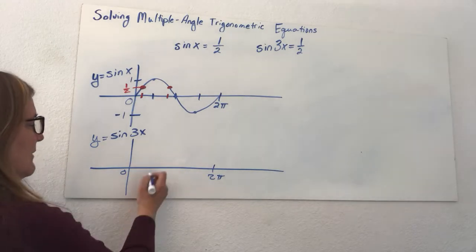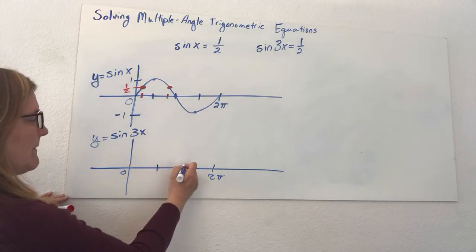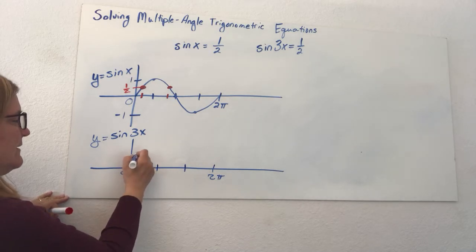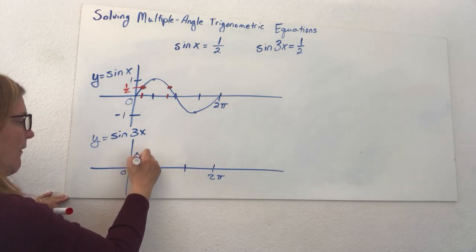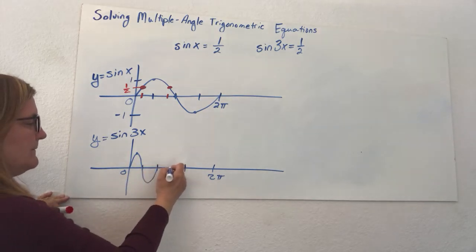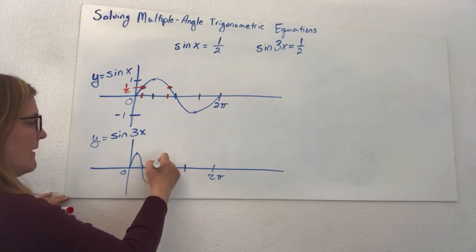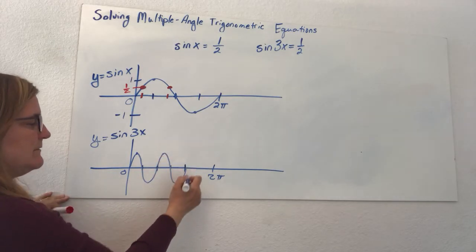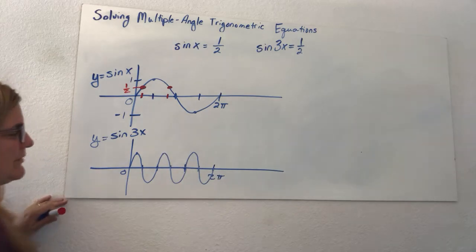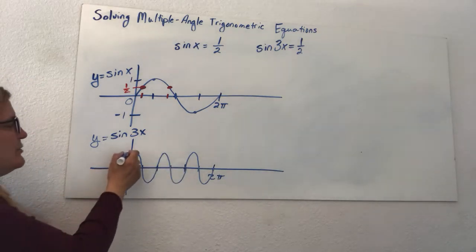So let me draw a sketch of that. There's one cycle. There's the next cycle. And there's the third cycle between the 0 and 2 pi.